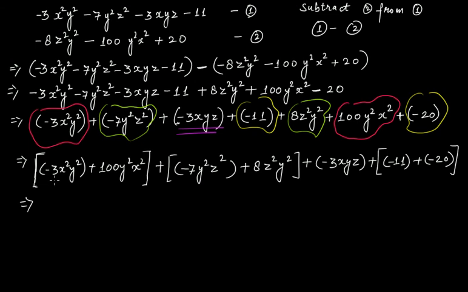Now if you do this, this is actually minus 3x squared y squared plus 100y squared x squared. So this becomes 97. Now you can write either x squared y squared or y squared x squared. That doesn't make any difference.